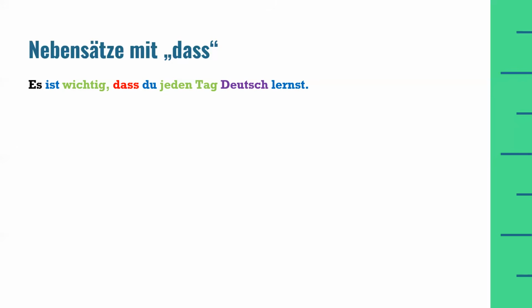So lernen becomes lernst. And another important thing you have to consider here is that we have to separate the Hauptsatz from the Nebensatz with the help of a comma, and after the comma we have to use a space. So it's also important that we use this space after the comma.